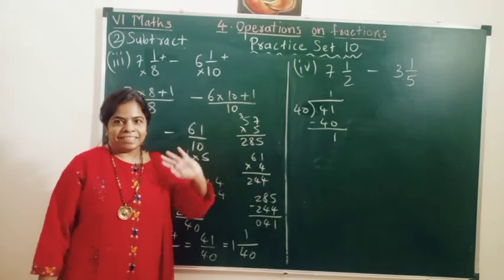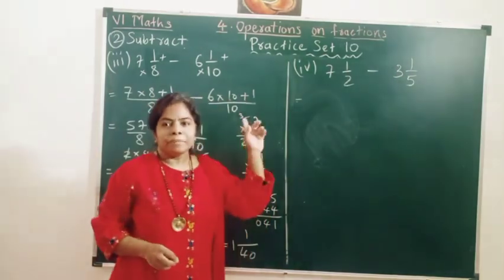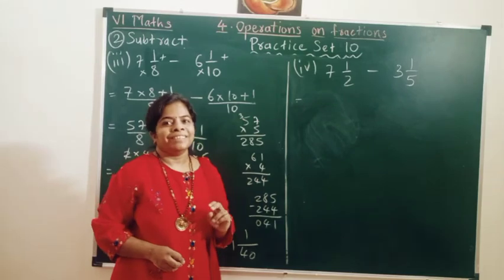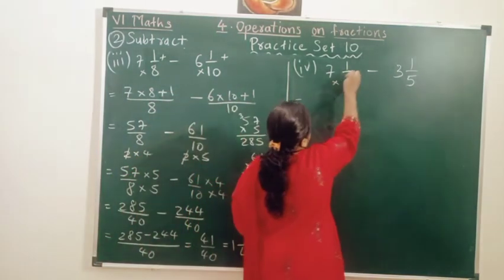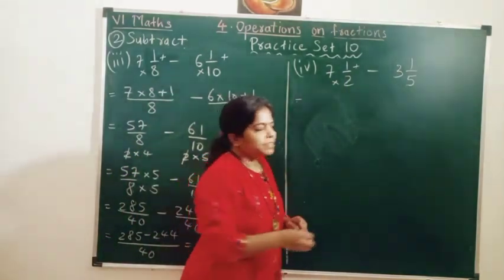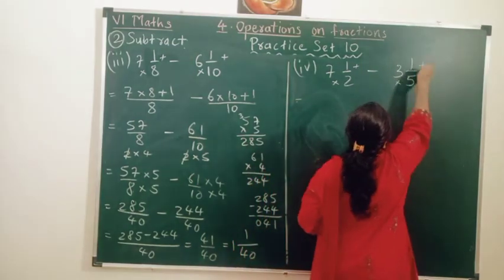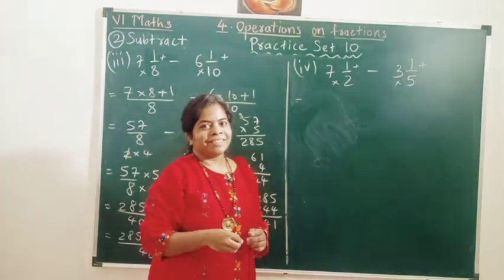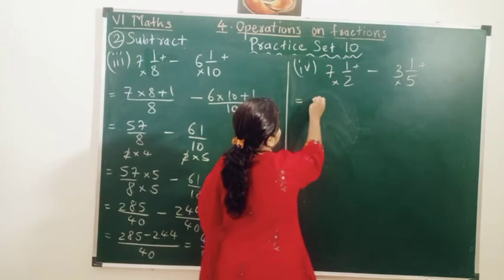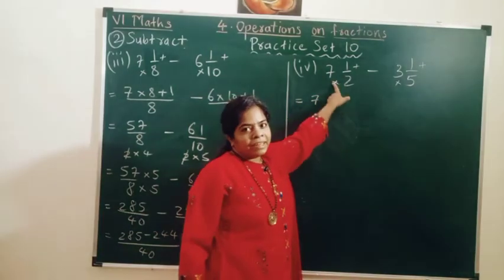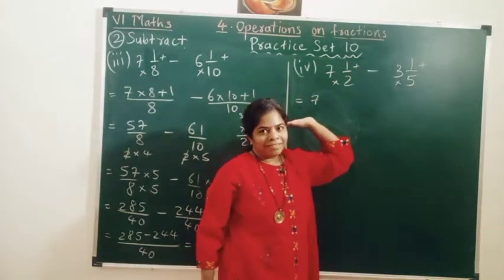Let's move to the next sum. First we'll convert this mixed fraction into an improper fraction. Into and plus. Into and plus. 7 into 2 plus 1.